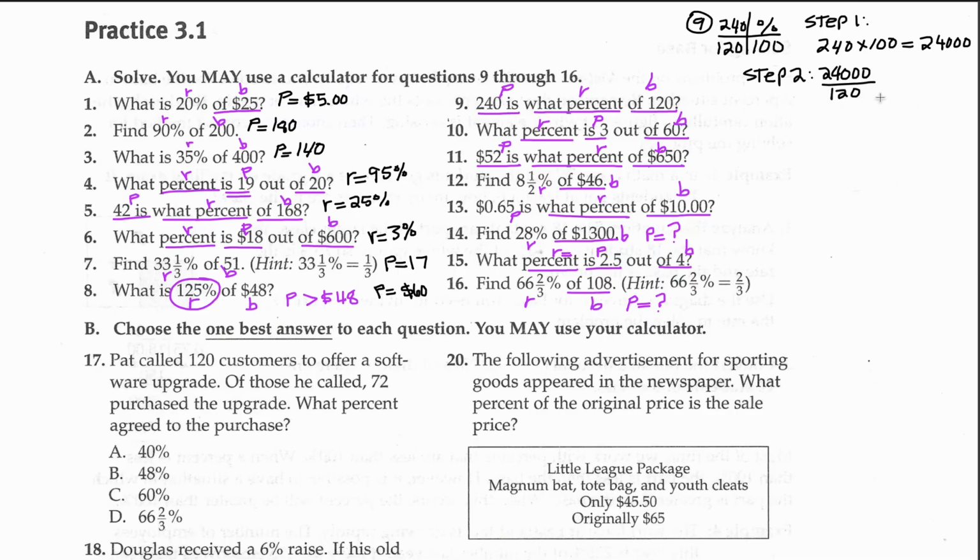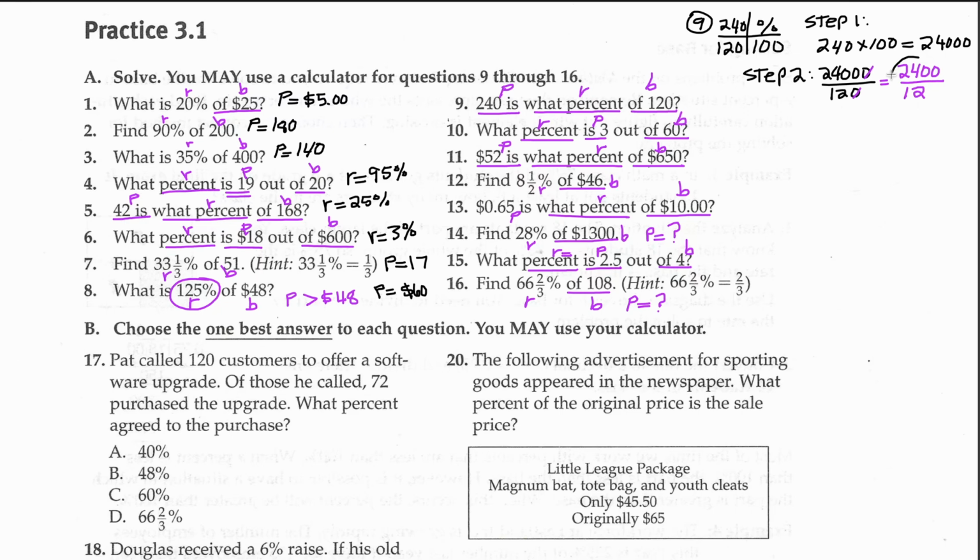120. So I'm not going to use a calculator, but I'm gonna do some quick calculation in my head. So look at the last 0 and the last 0 here. Those two are canceled out. So I have just 2, 4, 0, 0 on the top, and on the bottom I have 12. So my quickest way to do is look.